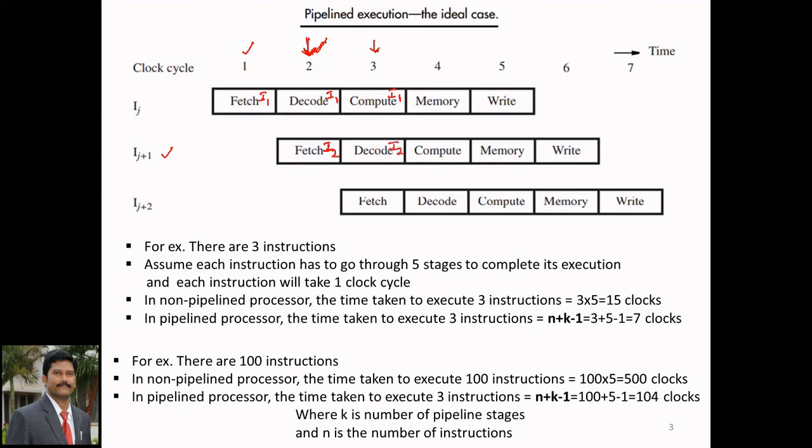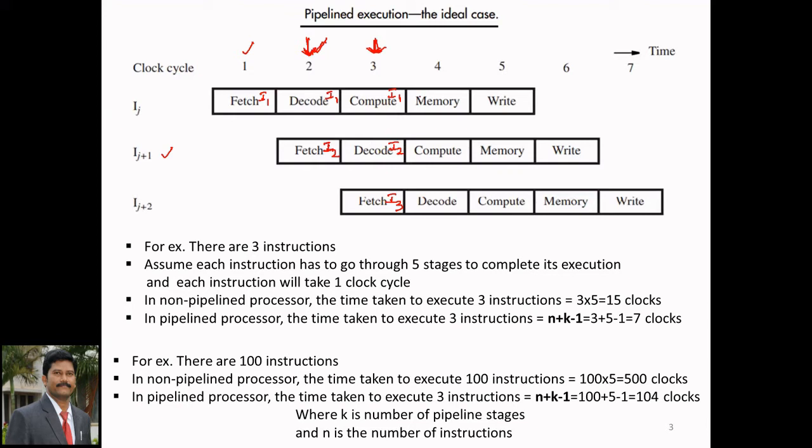The fetch unit is free, so the next I3 enters. So at clock cycle 3, the computation unit is computing I1, the decode unit is decoding I2, and the fetch unit is fetching I3. At the same time, these 3 units are busy.